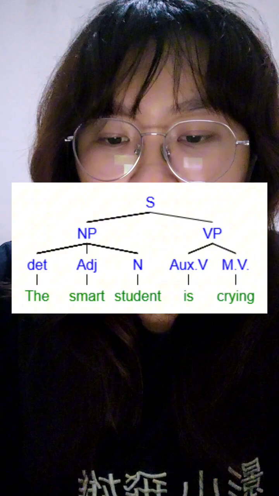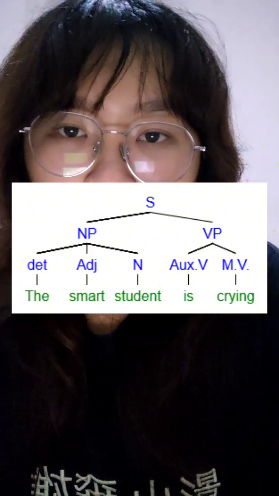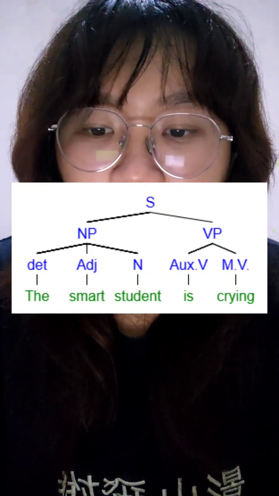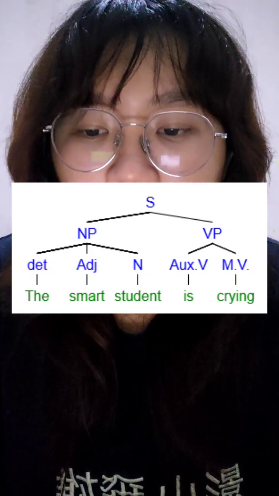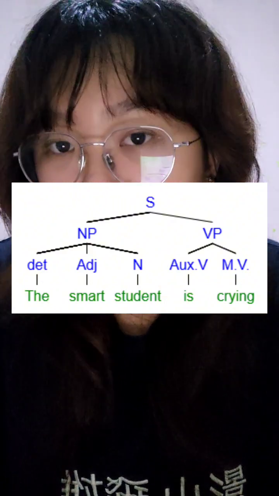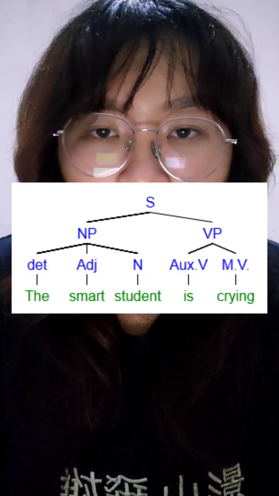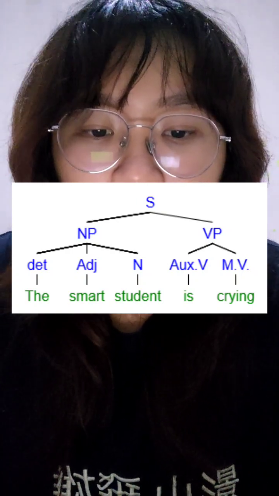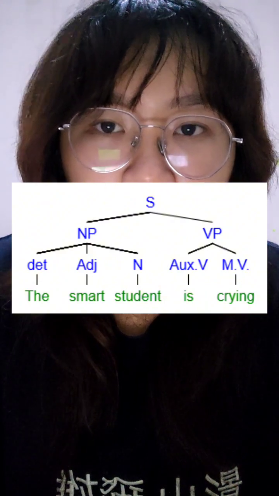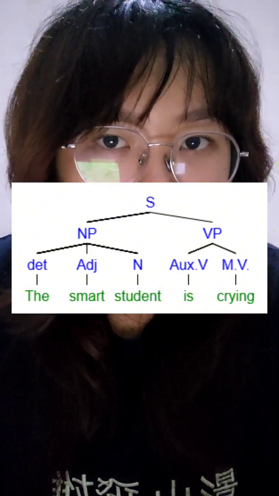From the NP, the smart student here is the noun phrase. Is crying here is the verb phrase. The NP is divided into three parts: the determiner, adjective, and noun. Determiner the, adjective smart, and the noun student. In the VP, the verb phrase, we have the auxiliary verb is, because the smart student is only one person, and then the main verb crying.